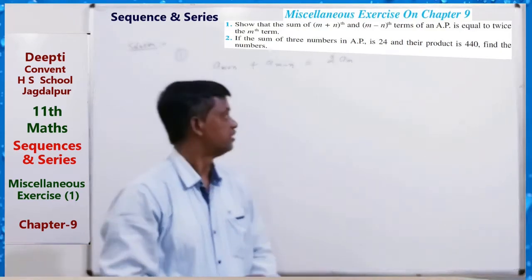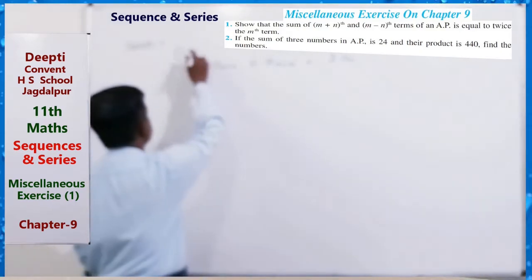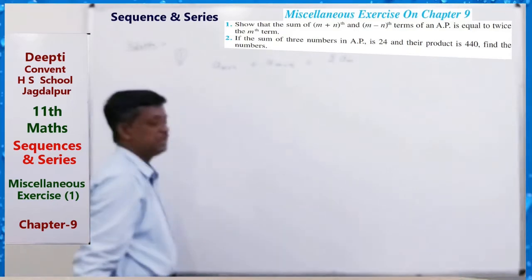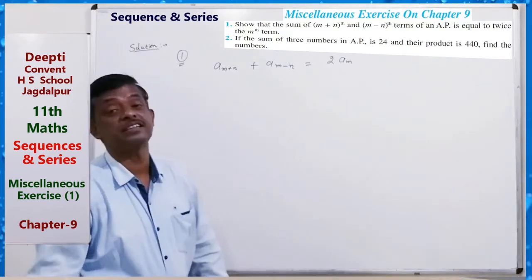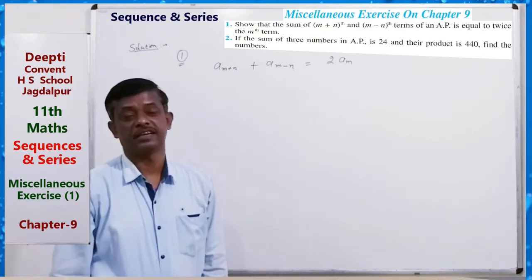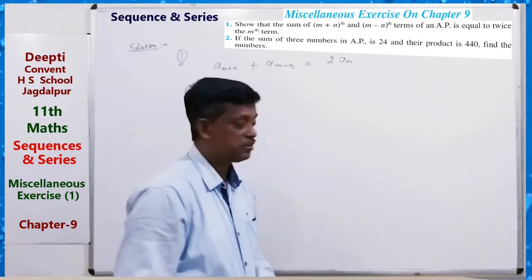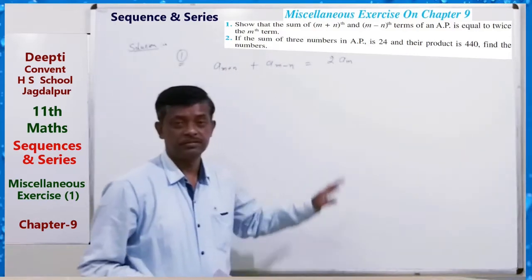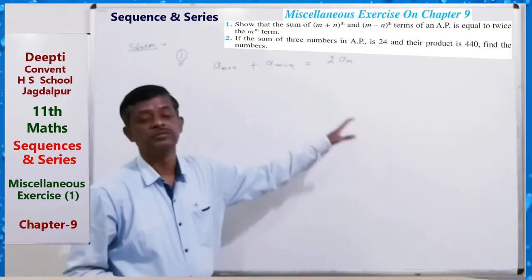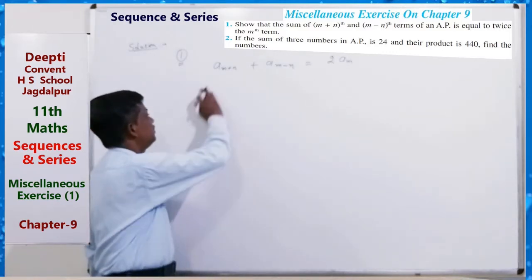Okay, claim: this is our first question. The sum of the (m plus n)th term and (m minus n)th term of an AP is equal to 2 times the mth term. Just I will discuss how you can solve it, giving hints in detail.